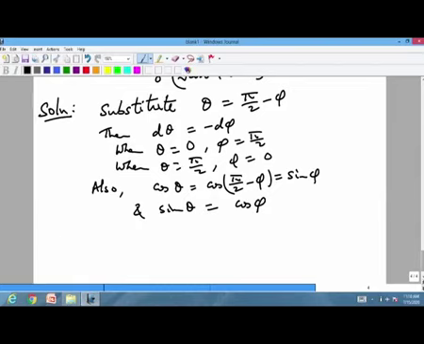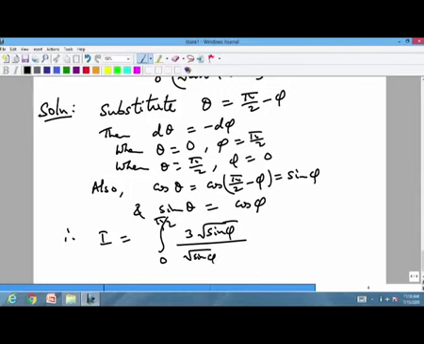So, the integral will become integral from 0 to pi by 2 of 3 square root of sin phi divided by square root of sin phi plus square root of cos phi, raised to power 5, d phi. So, note that here I have skipped one step.